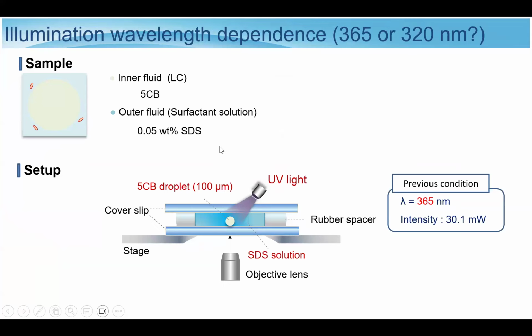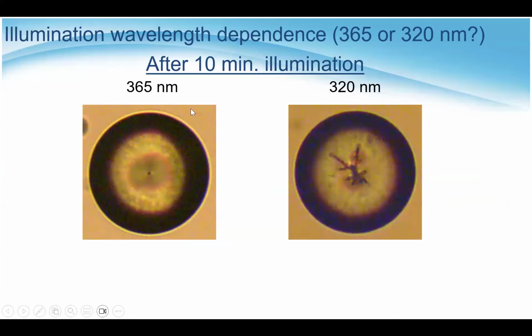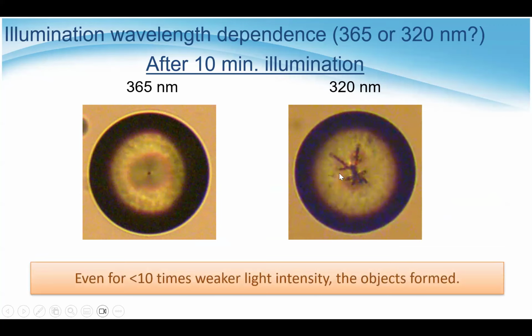Then we tested UV wavelengths from 365 nanometer to 320 nanometer, even though the intensity is much lower. After 10 minutes of illumination, in the case of 365 nanometer nothing happened, but with 320 nanometer we can see the objects inside. So even though the intensity is 10 times weaker, the objects were formed.